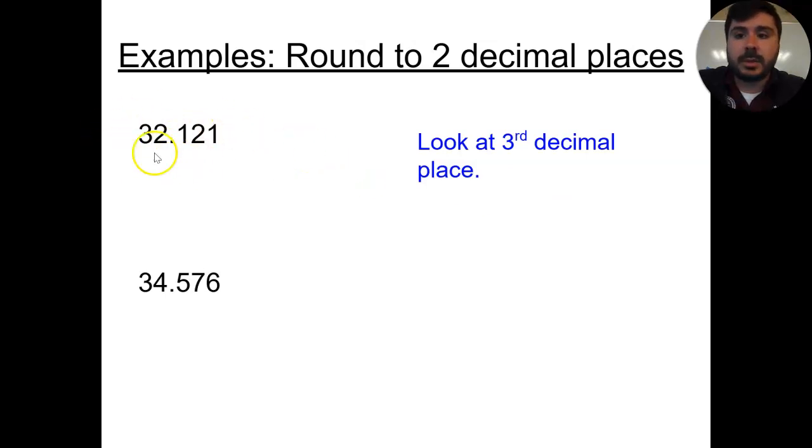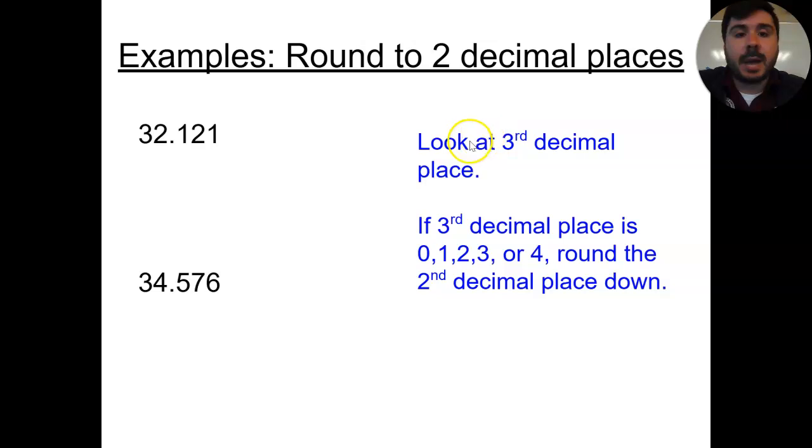So our goal here, guys, is to round to 2 decimal places, right? So you look at both of these numbers here, 32.121 and 34.576. Both of these need to be rounded to the 2nd decimal place, okay? Looking at both of these, there are a total of 3 decimal places, right? Look at the third decimal place first. If that third decimal place is a 0, 1, 2, 3, or 4, we round down, so that second decimal place stays as it is.